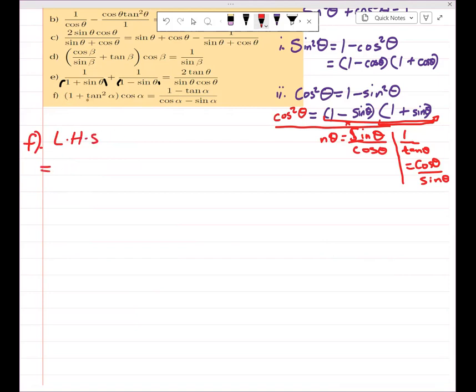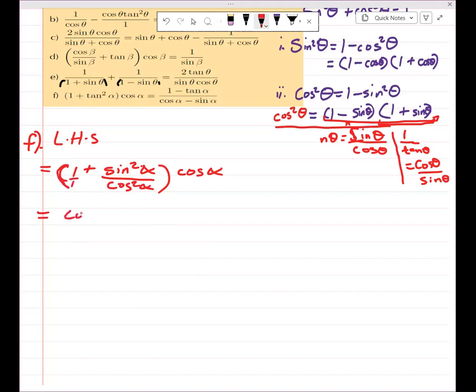So here, I'm firstly going to change this part here, which is 1 plus sine squared alpha over cos squared alpha. Then I have cos alpha there, right? Here obviously I need to do LCD, which is cos alpha.